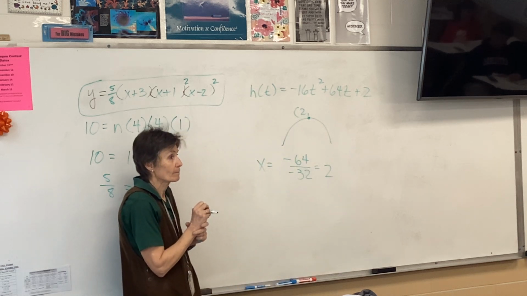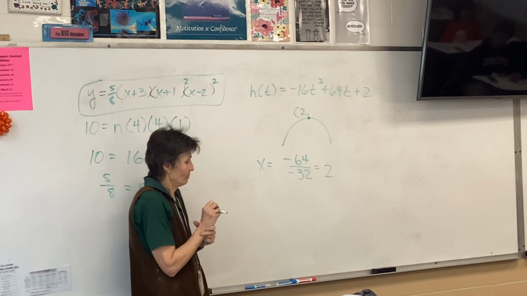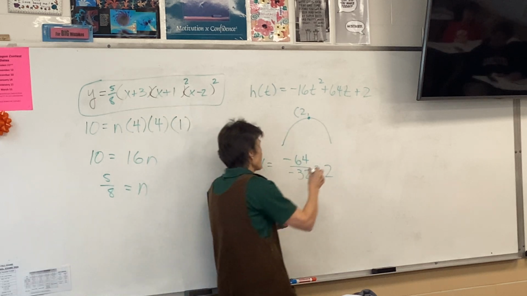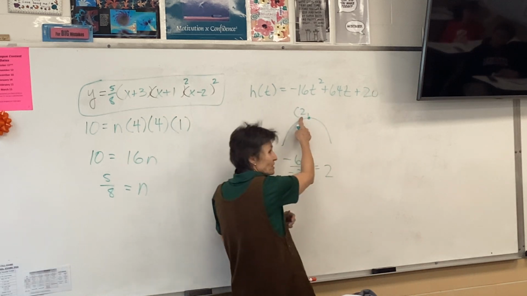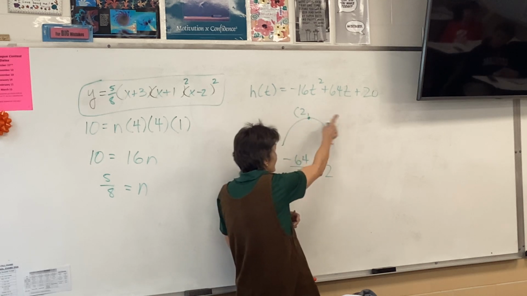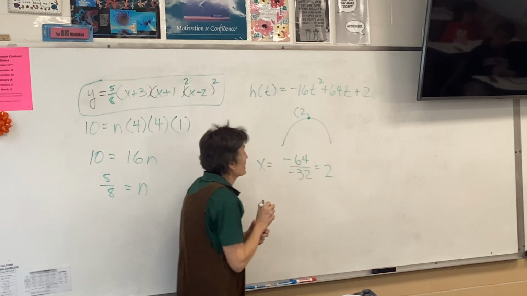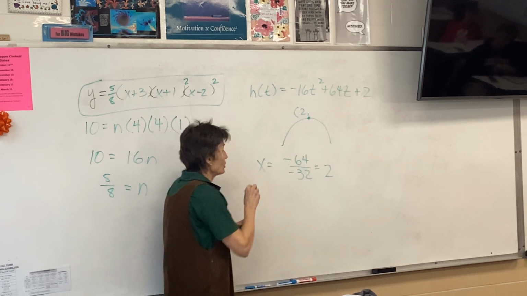Would the x always be the last number? No, that was a coincidence. Because if this were a 20, that would still be 2, since that has nothing to do with the last number. All right, so plug it into the original.